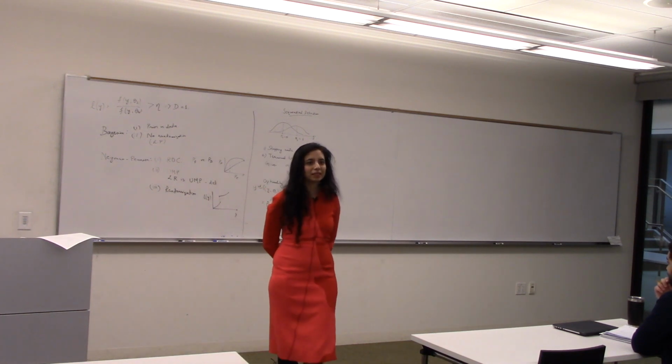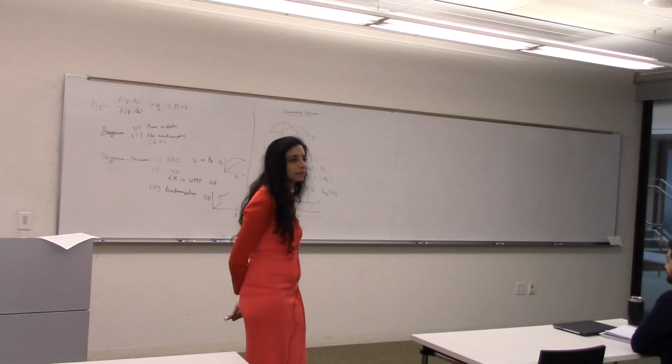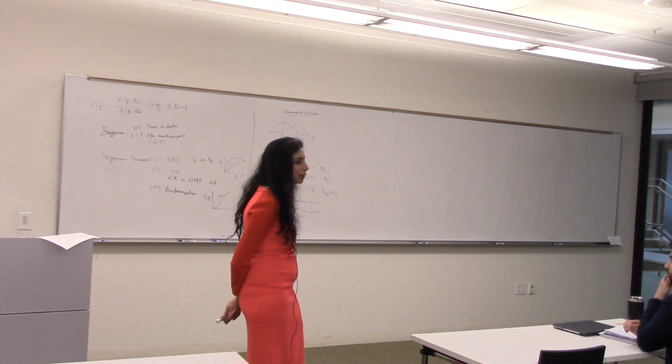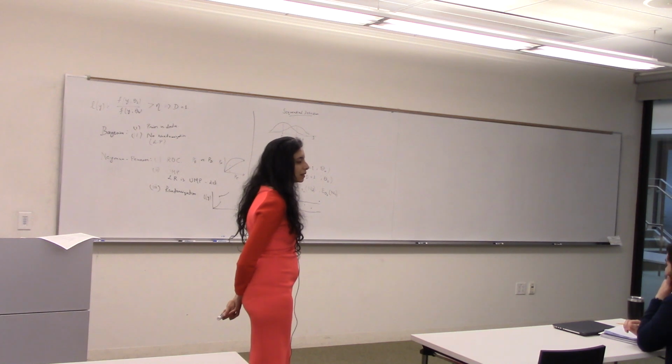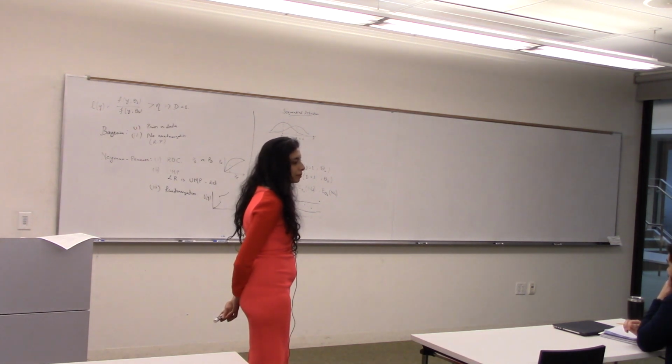Is that clear? Questions? Yeah. Beta is just the probability that you say it's hypothesis 1 when it's actually hypothesis 1? Yes. If your B is all the way at the bottom and you always say it's hypothesis 1, won't you also satisfy that?